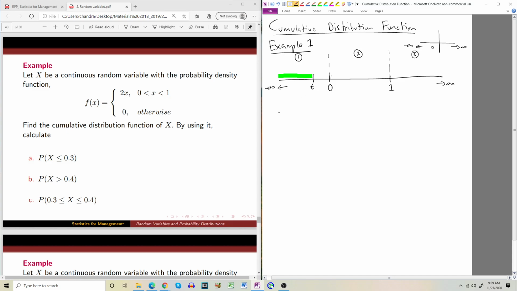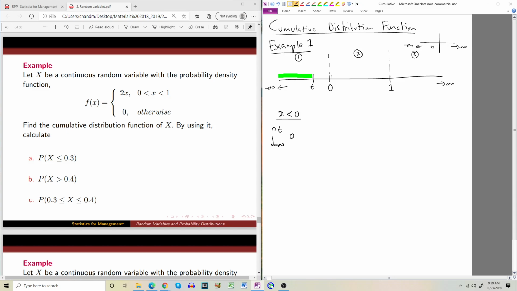So we are going to look at interval by interval. The first interval I write as x less than 0. Any value in this interval, if I choose, let's say t, you are integrating from negative infinity to t. What is the function?